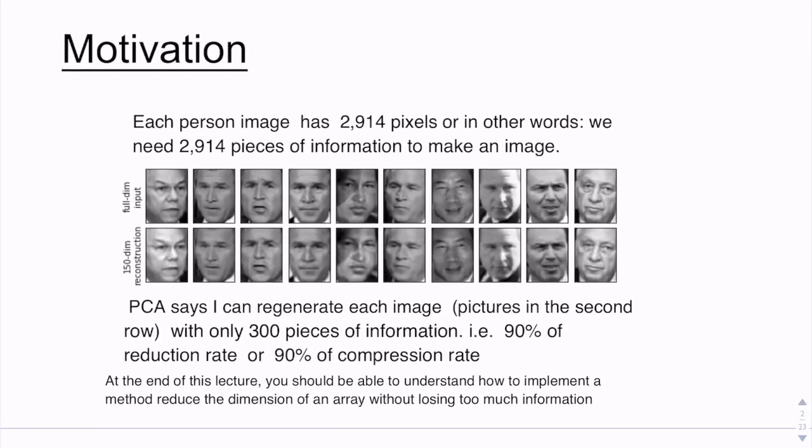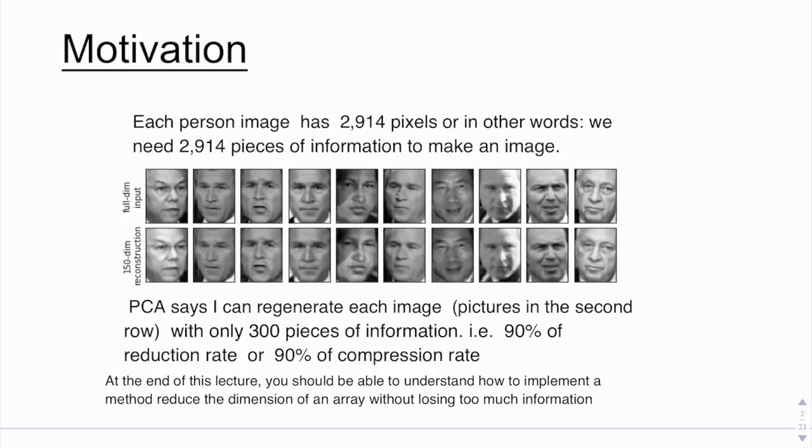I wanted to give you a motivation before we introduce the topic and how principal component analysis works. Look at these two rows of images. These are images of some famous politicians.